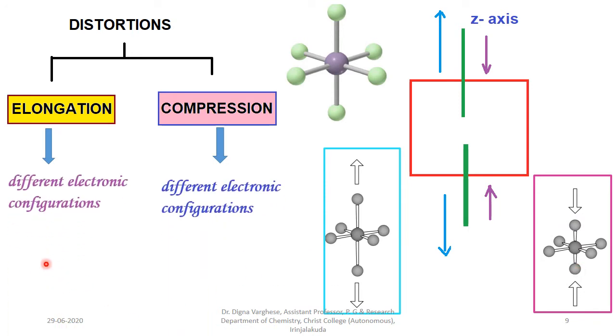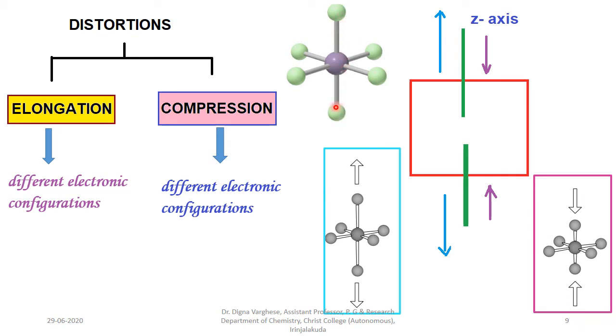So different electronic configurations occur, because with the elongation from the pure octahedral symmetry of the z-axis ligands, the bond length is increased.